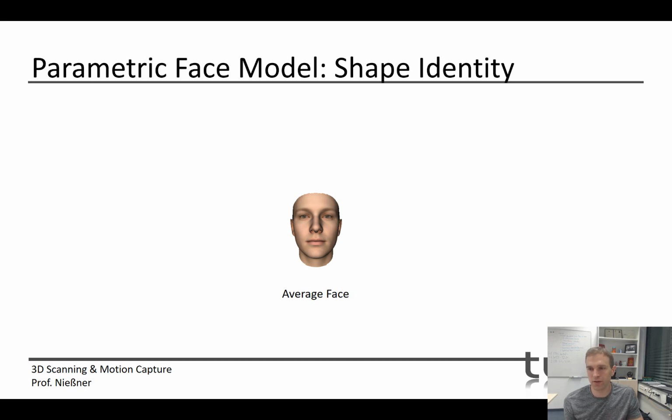So essentially, you have to figure out a way how to look at the vertices, at the mesh of each of them, and you also have to figure out a way how to look at the respective surface appearance. Okay, and of course, it's a bit boring if we just have an average face, because that's not a parametric model yet. But now what we would love to do is encode a deviation from the average face, right? So we want to have a parameterization that tells us how this average face essentially changes.